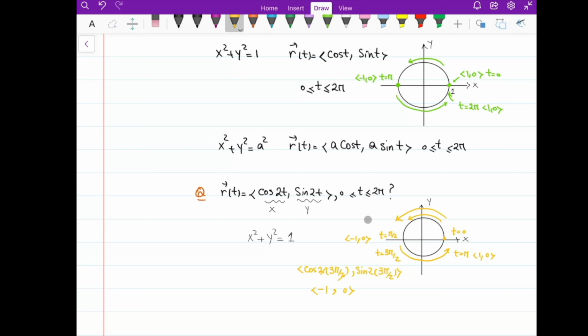You see, at t equals pi over 2, I get to this point, and at t equals 2 pi, I get to this point.